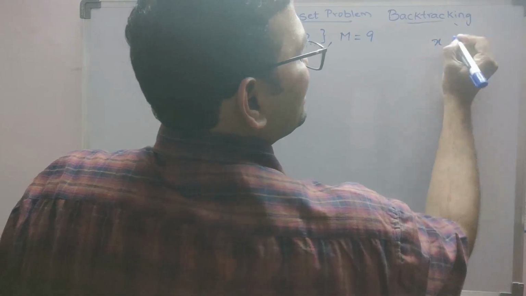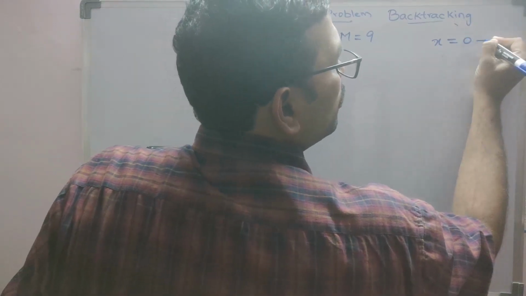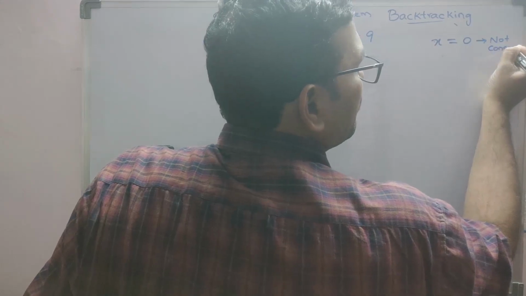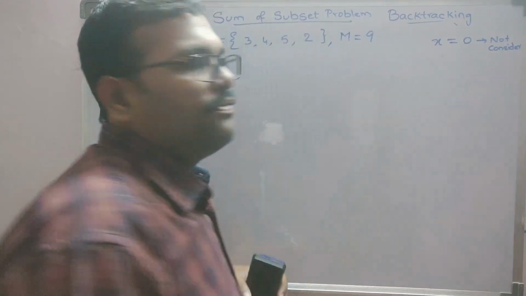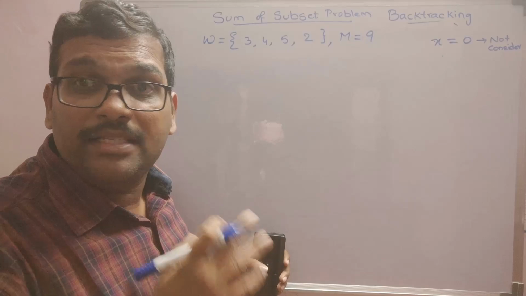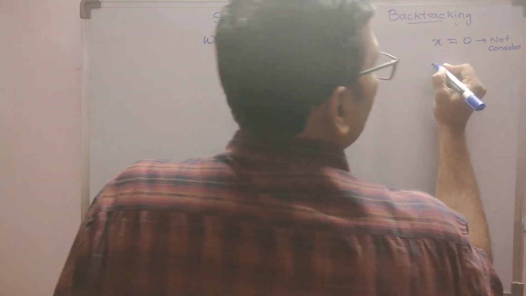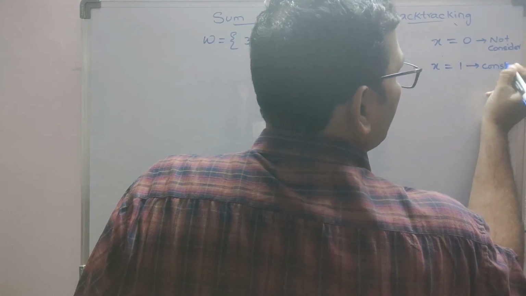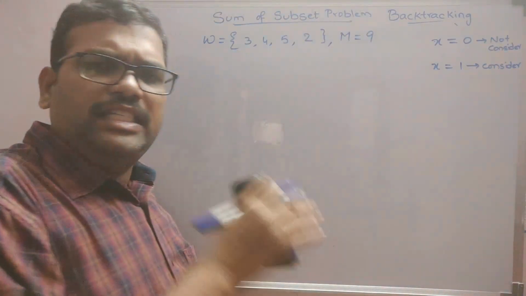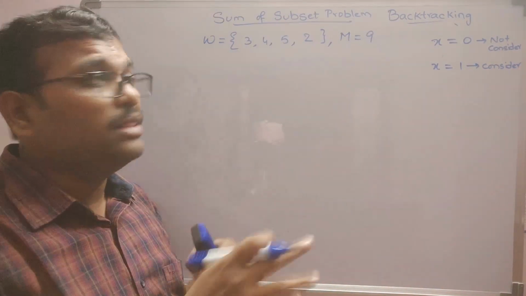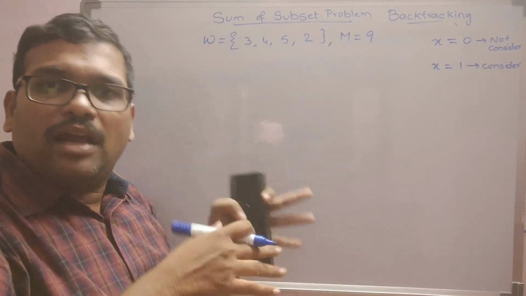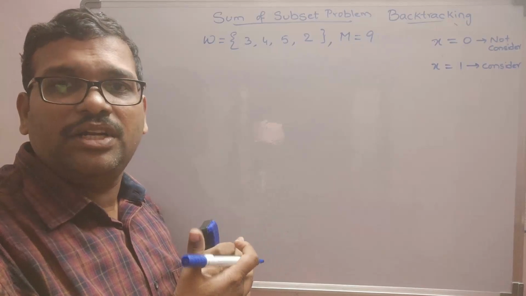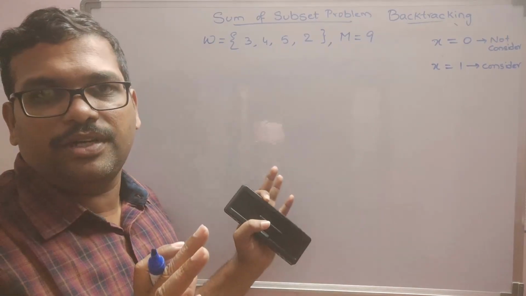If x is equal to 0, that implies not consider. If x is equal to 1, it implies consider. So we need to check each and every possibility for all the elements, with inclusion and without inclusion. That means with consideration and without consideration, we need to find the state space tree.